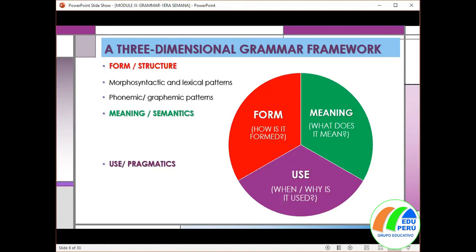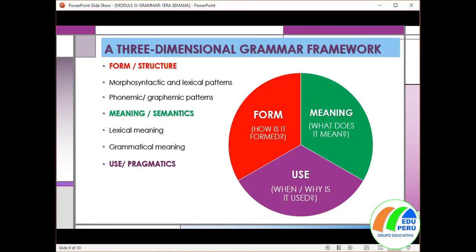So the form or structure involves a lot of things: the morphosyntactic and lexical patterns and the phonemic and graphemic patterns. This is in the form and structure. When we talk about the meaning, lexical meaning and grammatical meaning.